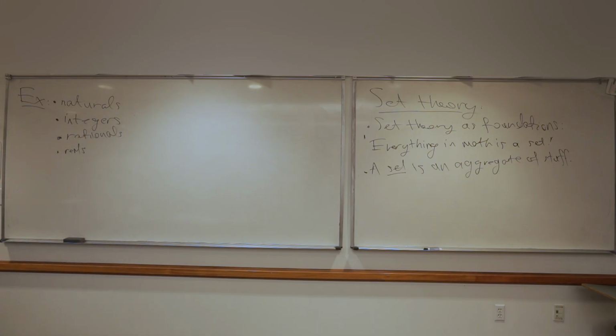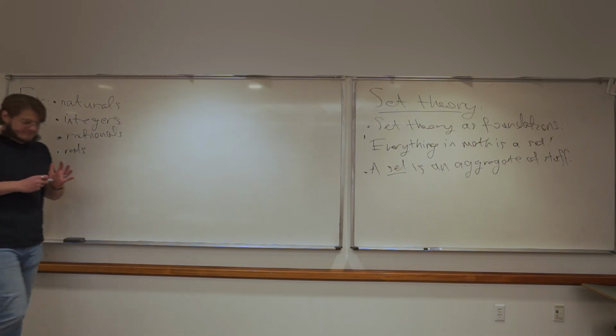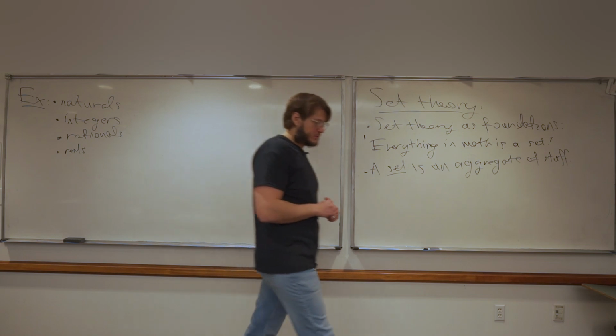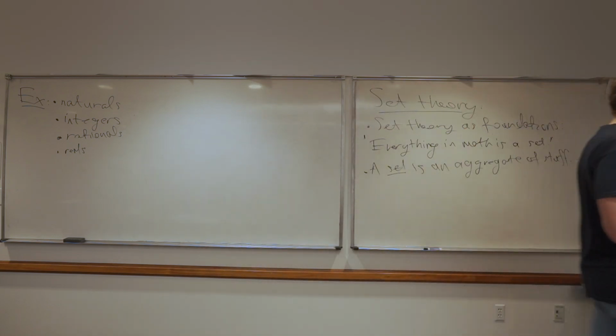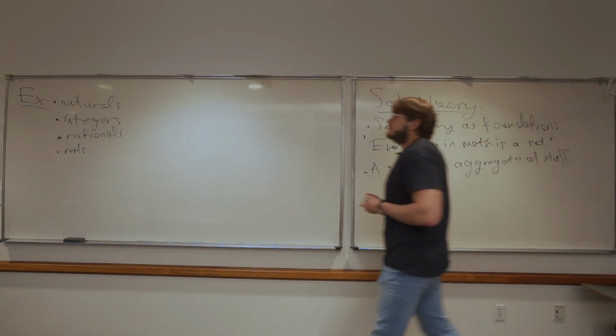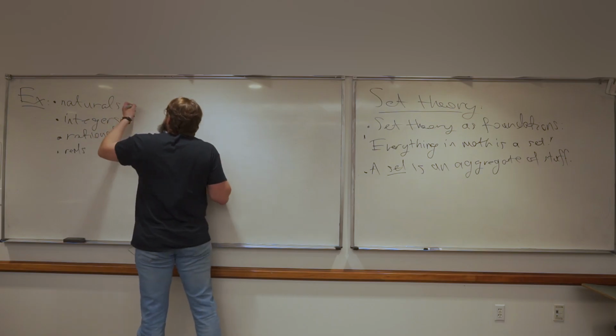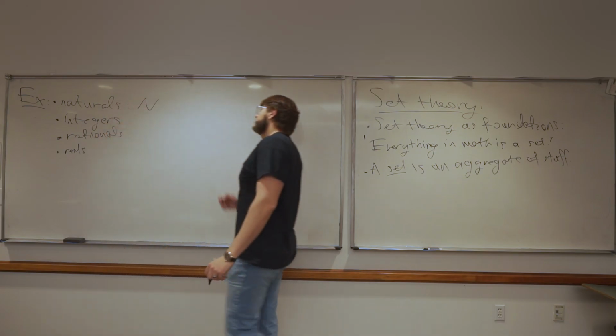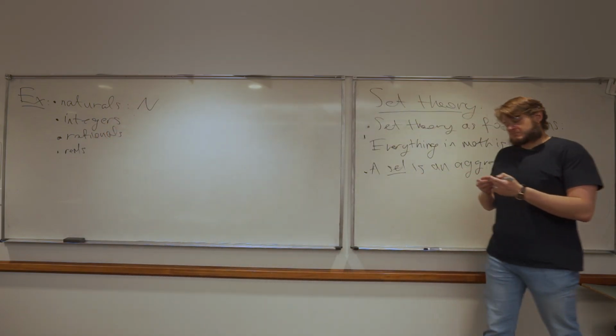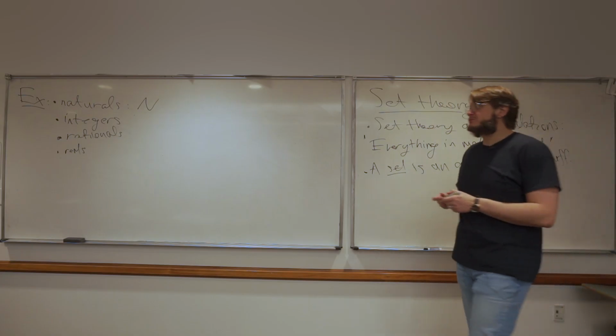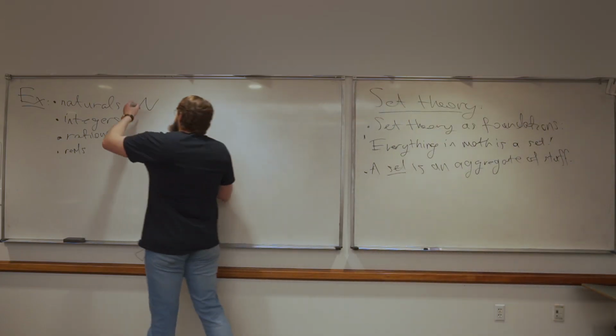Now, these are just words. These specific sets of numbers have specific notation that is common to use. For naturals, you use N. But instead of just writing N, typically what people do is they put a dash here.